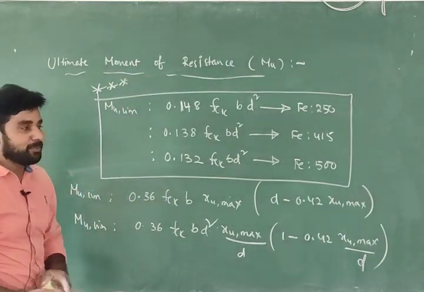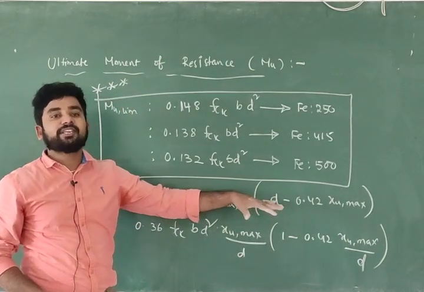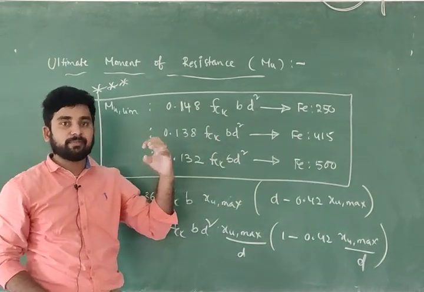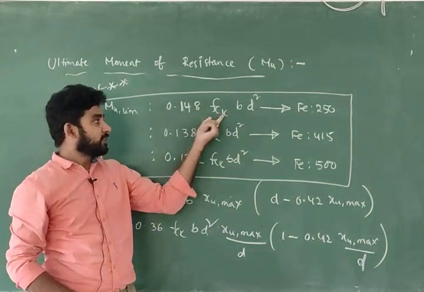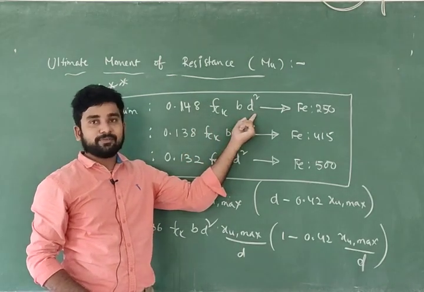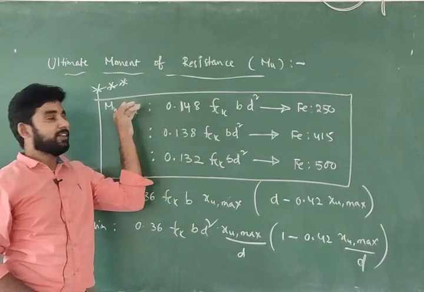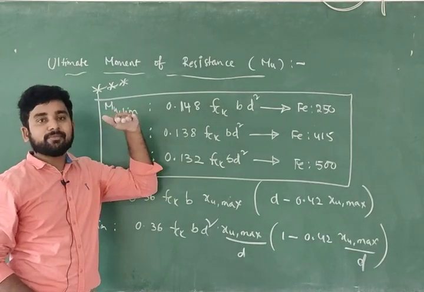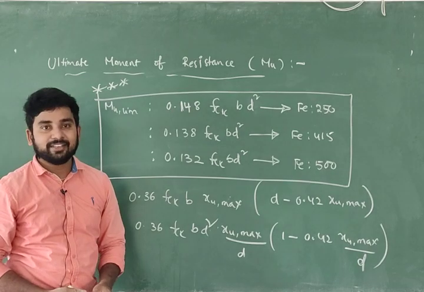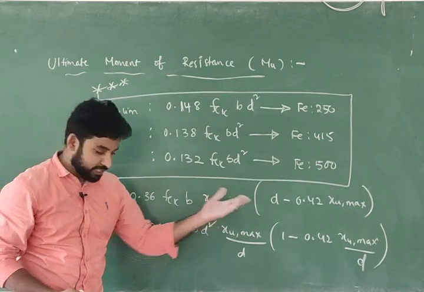Every time you don't need to derive everything, so some of these things you should keep in mind and register in mind. Directly, this is the grade of concrete, width of the beam, effective depth of the beam. You will substitute, then you will get the maximum or limiting moment of resistance. You can even compare with Mu limit.